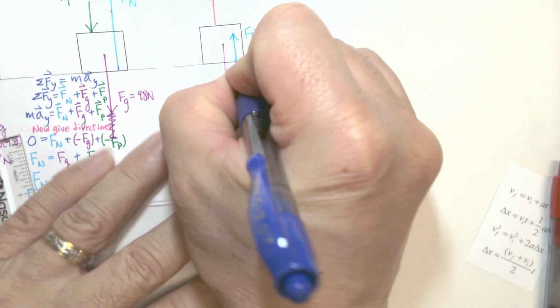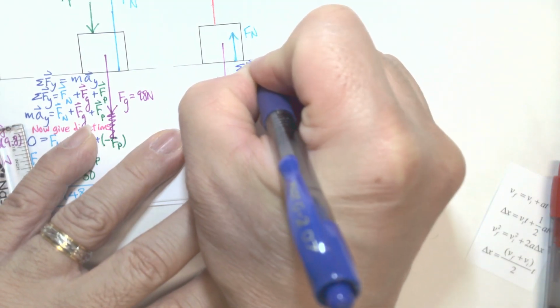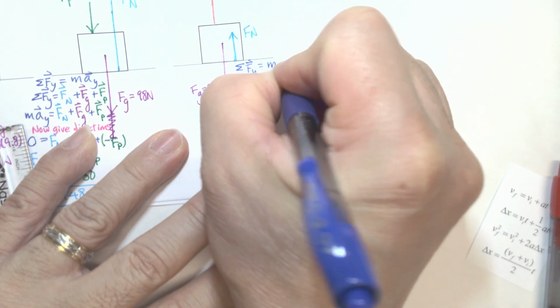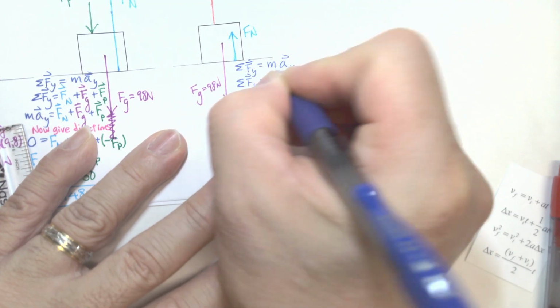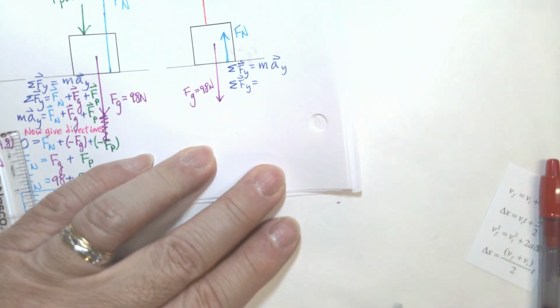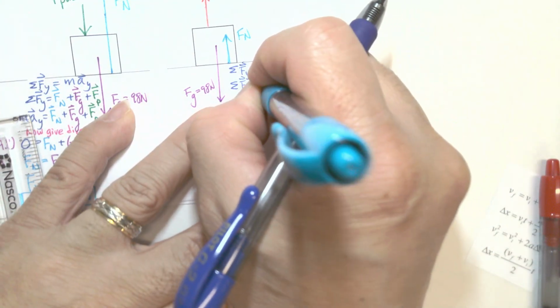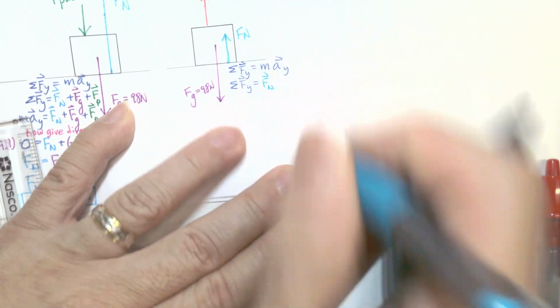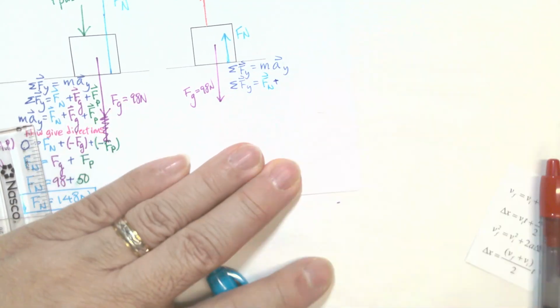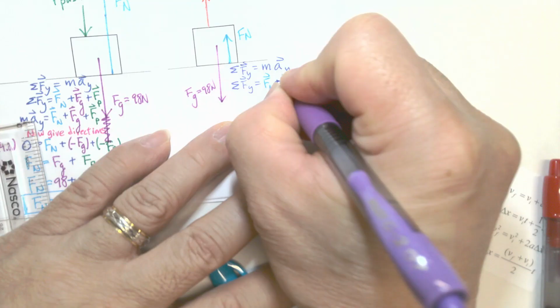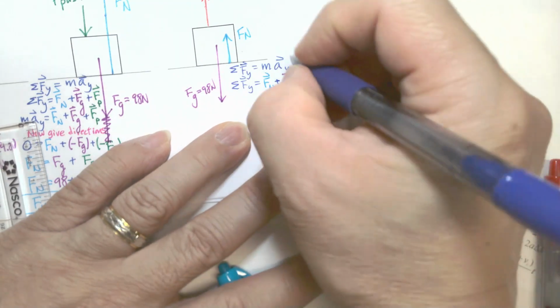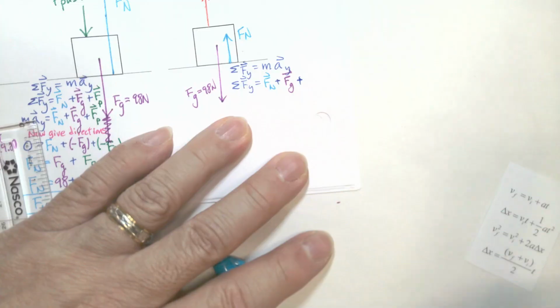Alright? So sum of all forces in y again is equal to MAY. And sum of all forces in y is equal to, again, we have F normal, right, plus FG plus F pull, right?